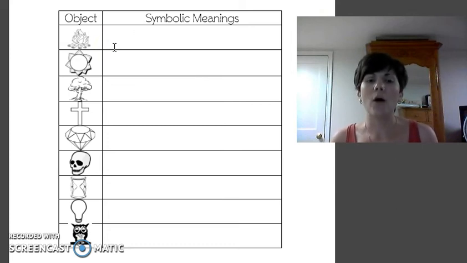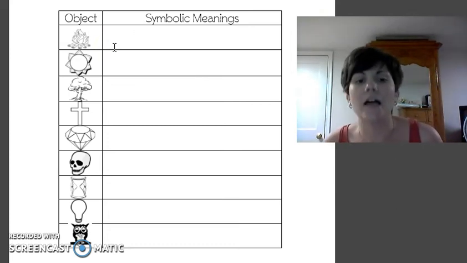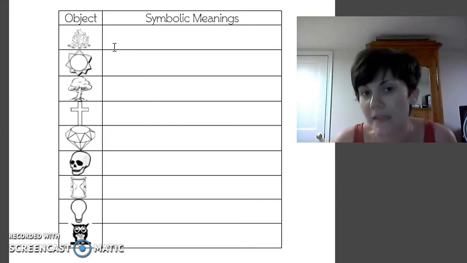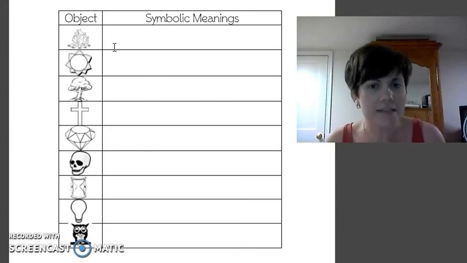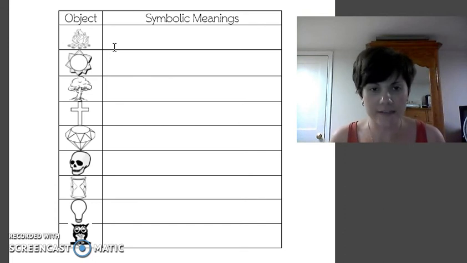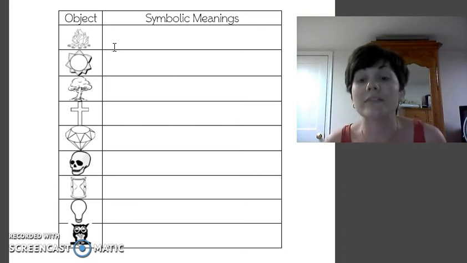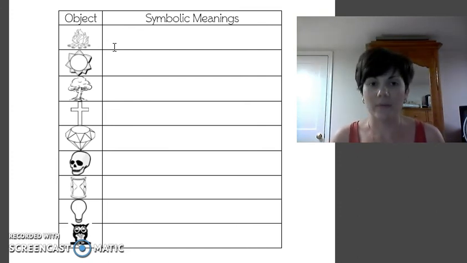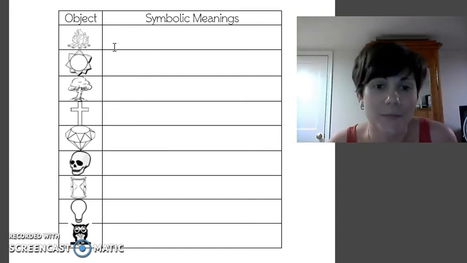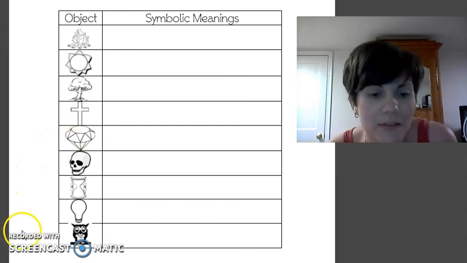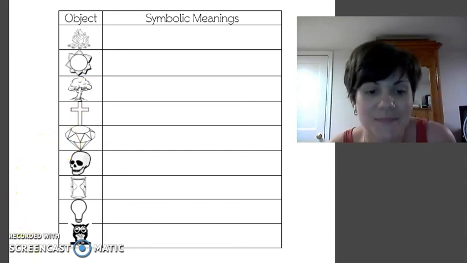For example, what could a fire be used to symbolize, or what could a cross symbolize? I want you to take a few minutes, pause the video, and jot down some ideas, and then we're going to look at some examples that I would like you to include in your notes as well. So pause the video, take a moment, and work on this activity.